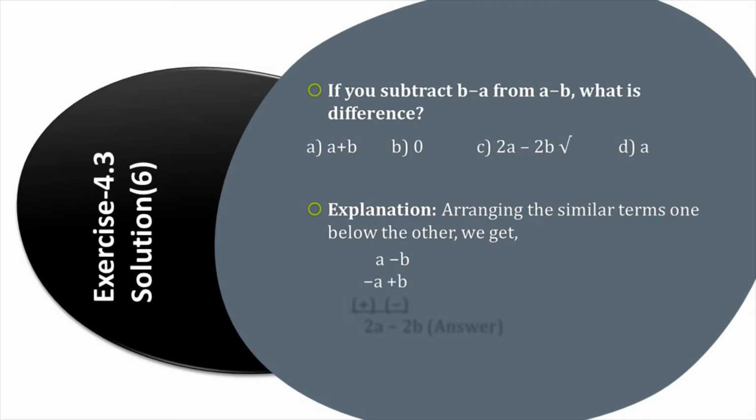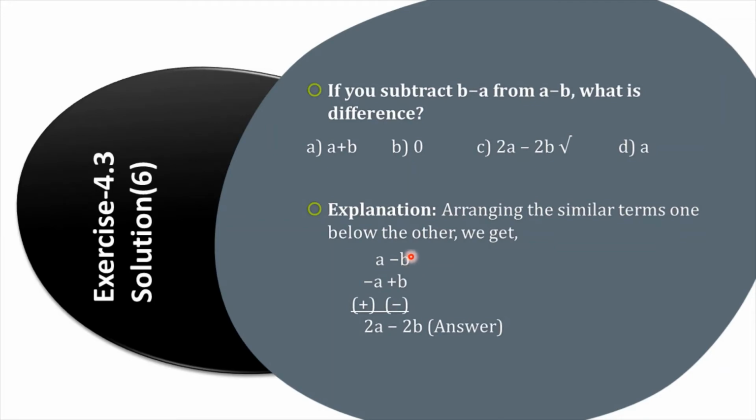After that, if we arrange the similar terms, a minus a plus b. As you know, this is subtraction, that's why we have to change the sign. So minus a, minus sign will be plus, plus b, plus sign will be minus. So 2a minus 2b is the desired answer, because plus and plus a, that would be 2a, minus b, minus b, minus and minus, that would be plus.